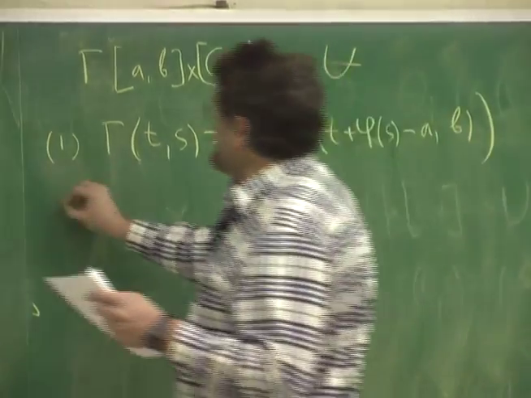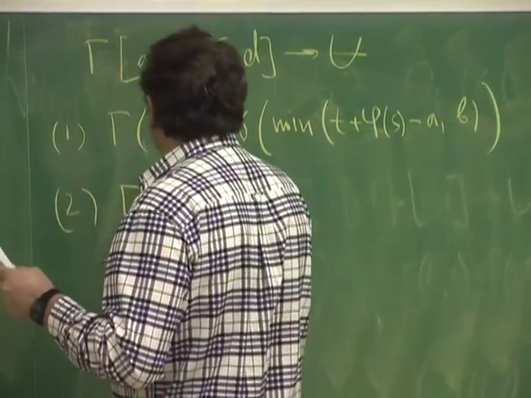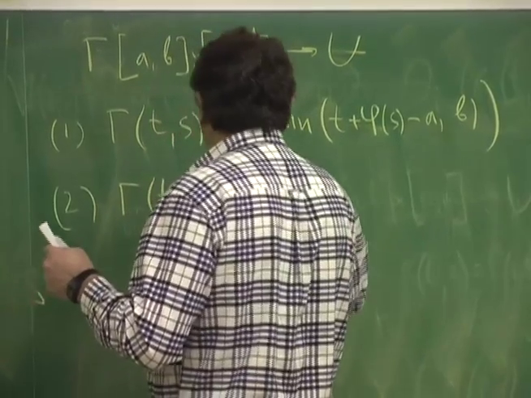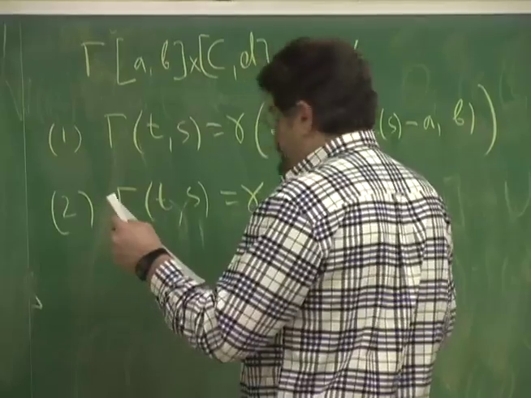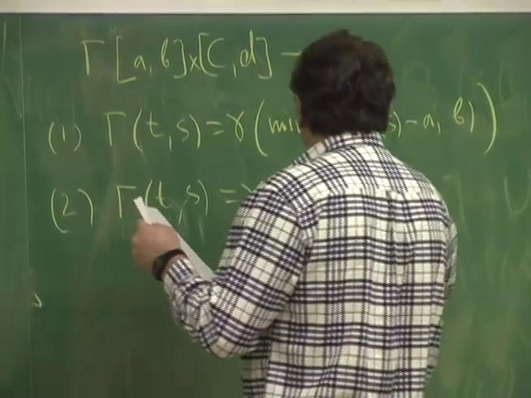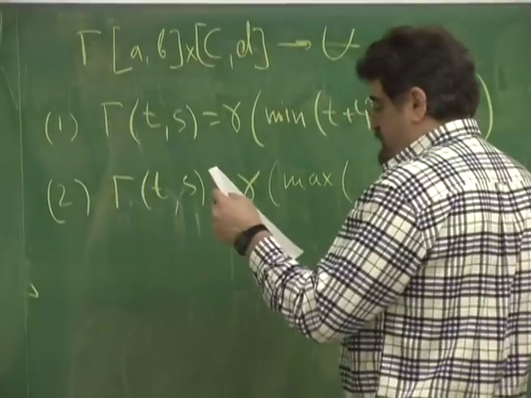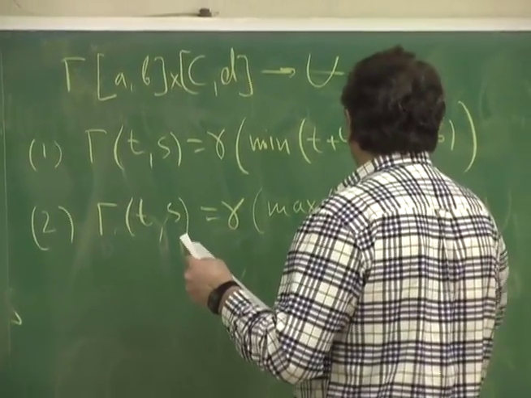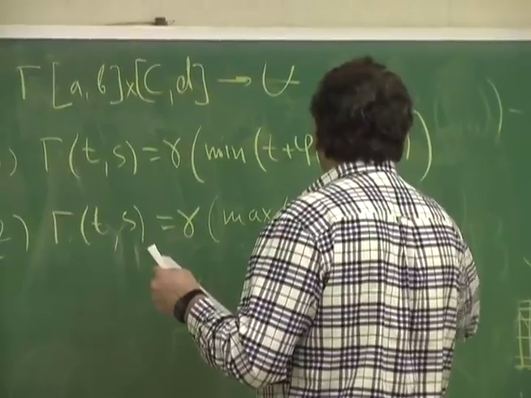And in the second case, it is a bit different. Gamma of the maximum, T plus phi of S minus B, and A.